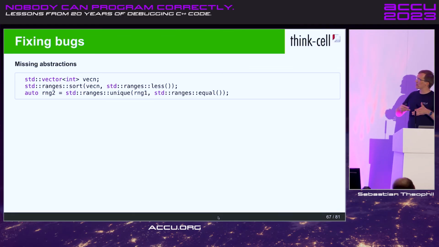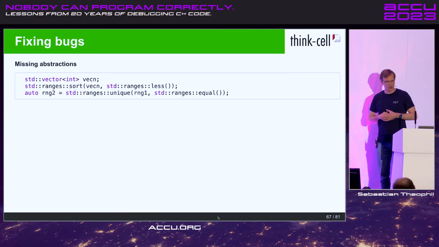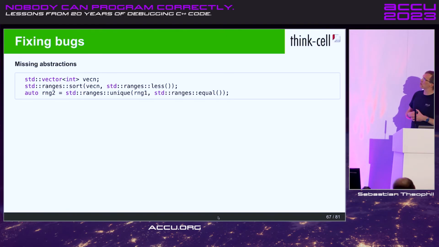And missing abstractions can mean so many different things. So here again, an actual real problem. We had some variation of this in our code base a surprising number of times, where we have some vector, you sort it, and then you want to have the unique elements in that.